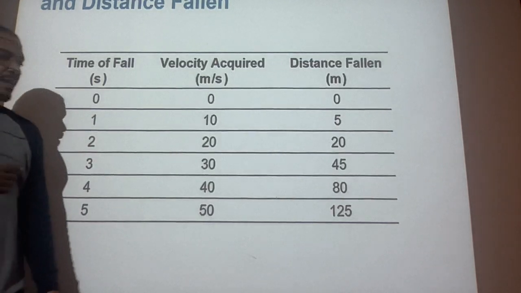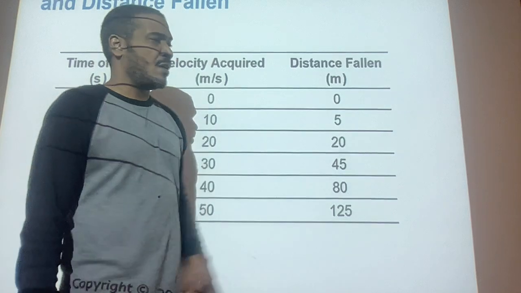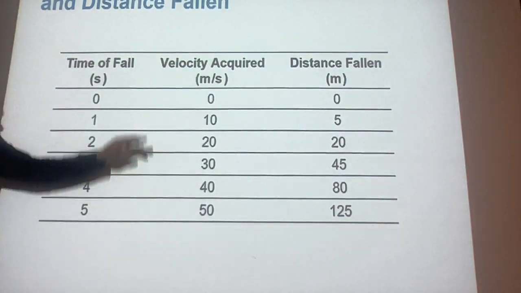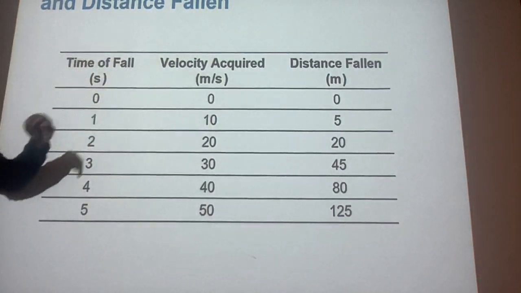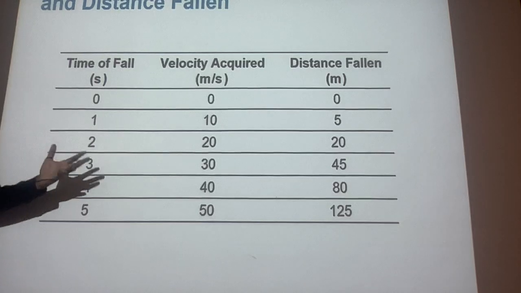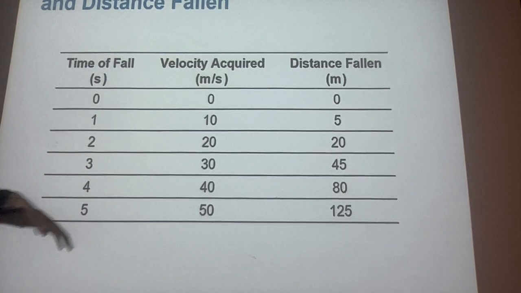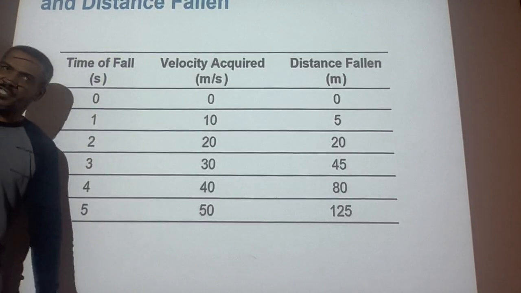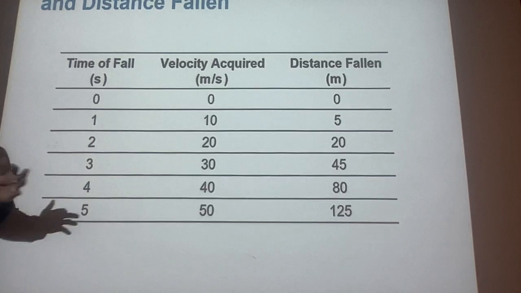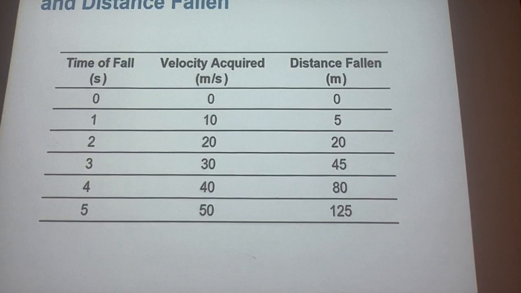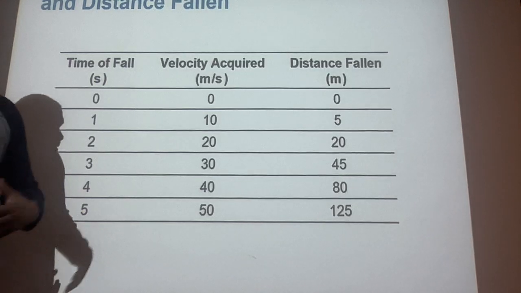And like I said, we can plot these things. In a lab, we would take data, put it in a spreadsheet, and plot it, and it would give us a certain graph. You'll get a chance to see that.